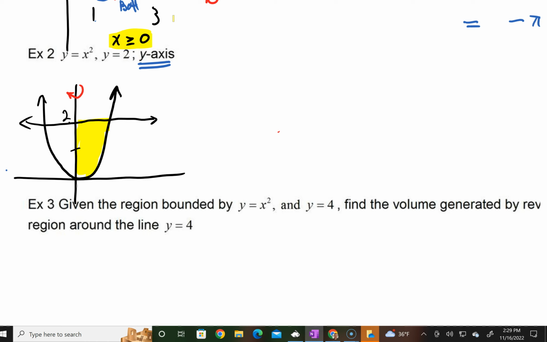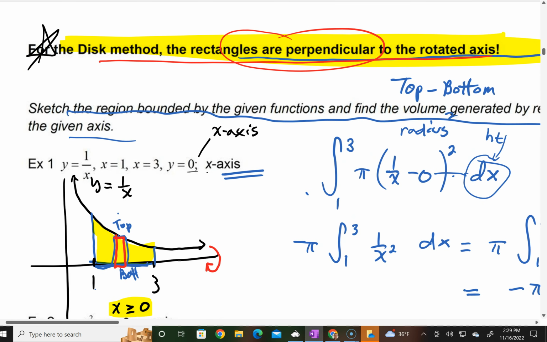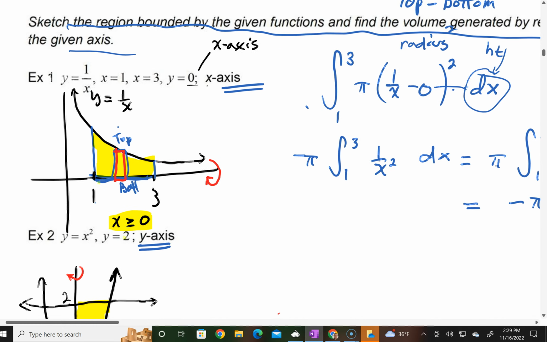And kids will look at that and they'll go, oh, top minus bottom. Well, hold on a second. You're going to notice already, this is kind of looking weird. Please go back to the top. Rectangles are perpendicular to the rotated axis.